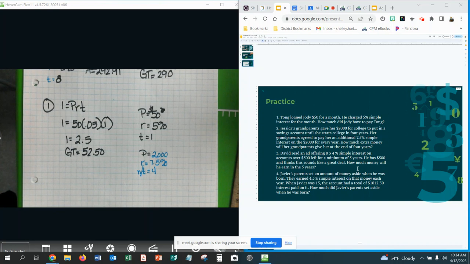Harley, is this a simple or compound interest problem? That's great that you don't know, but how about you look at the problem? Everybody take a minute. I've got 2 people that know.